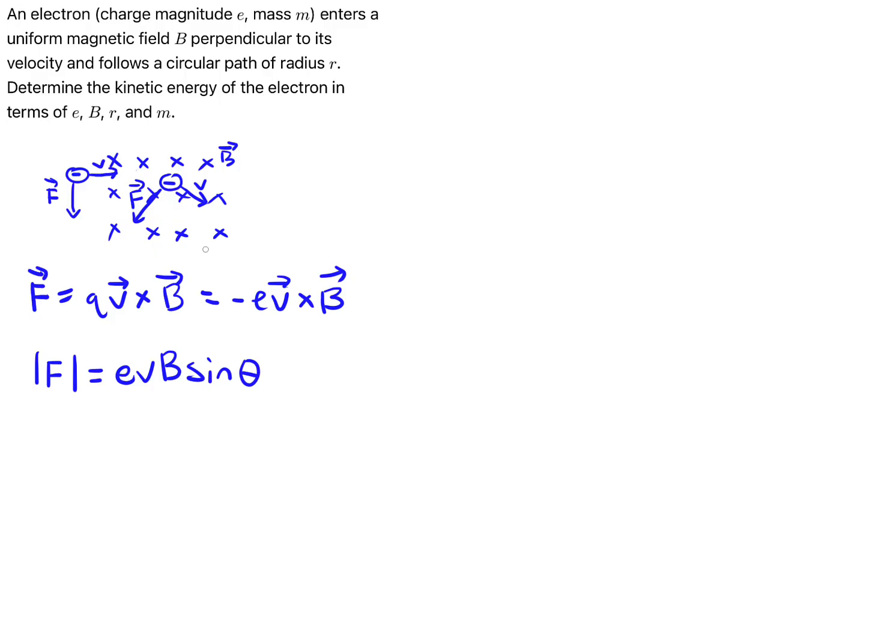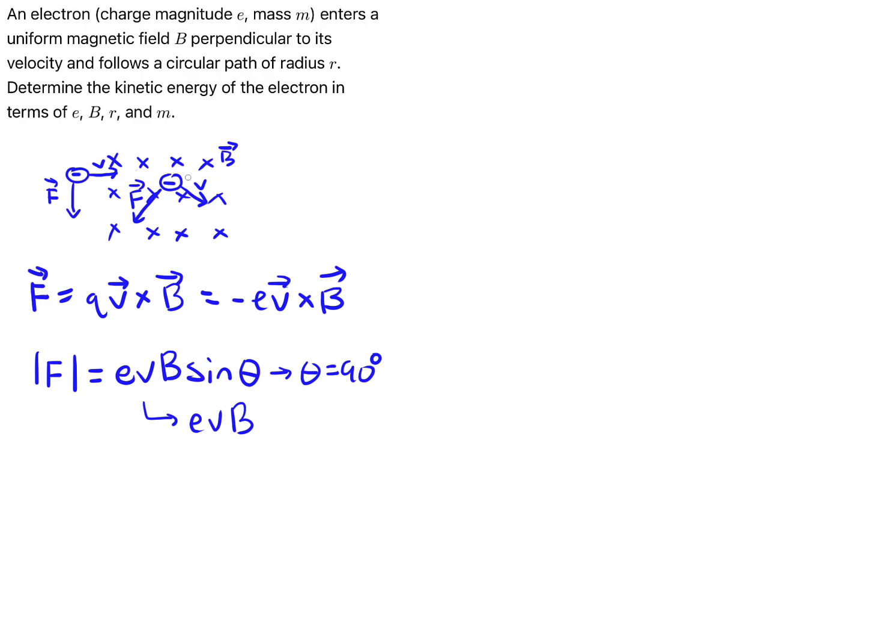But here it says the magnetic field is perpendicular to the velocity, so theta is 90 degrees and the magnitude of the magnetic force is just e times v times B, since sine of 90 degrees is just 1. So this essentially just disappears.